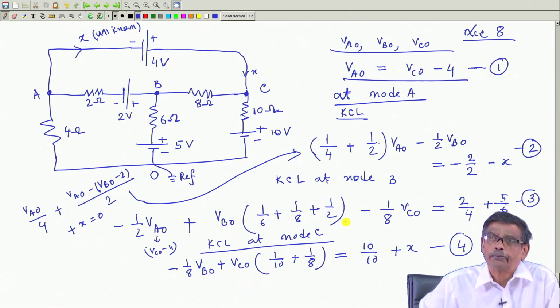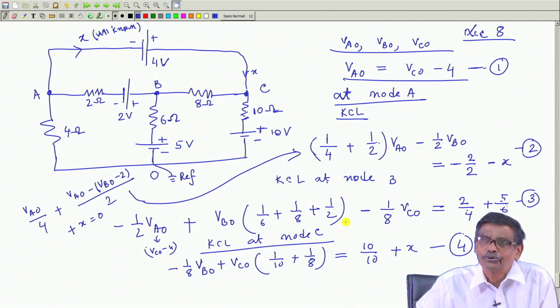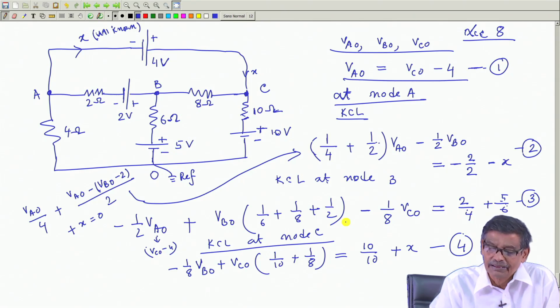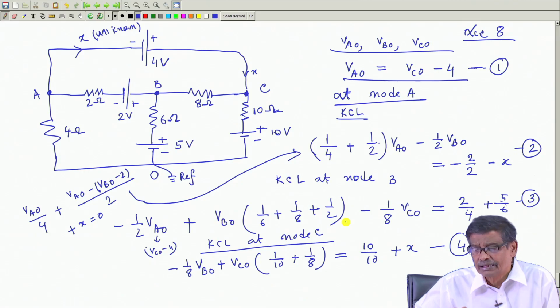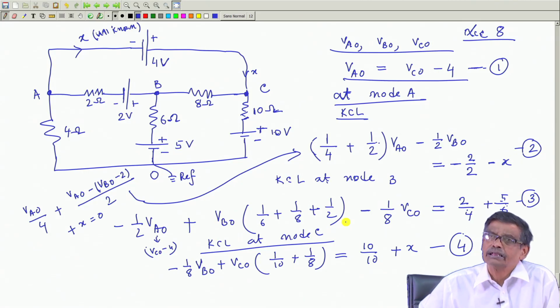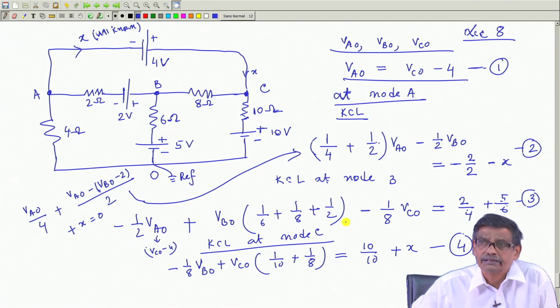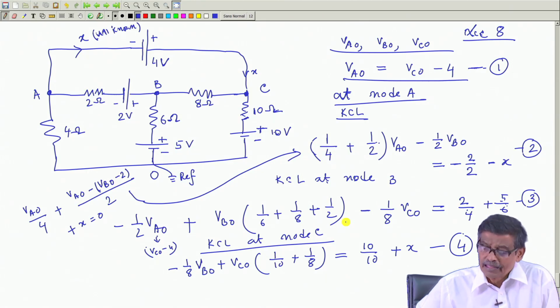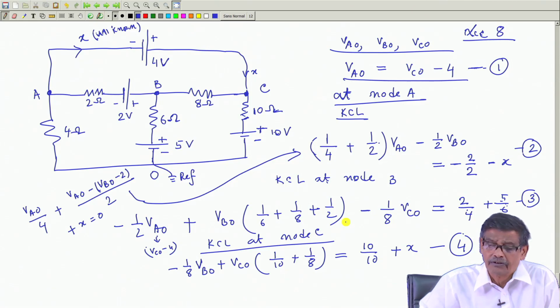Of course, there will be problems where you will be asked to solve by a particular method, and then you do not have any other choice; you have to solve by that method only if your examiner asks. But if you are given a free hand, apply your intelligence, whether I should solve it by mesh analysis or by nodal analysis, by looking at the topology of the circuit and at the various sources present in the circuit, and so on. I hope you understood this point.